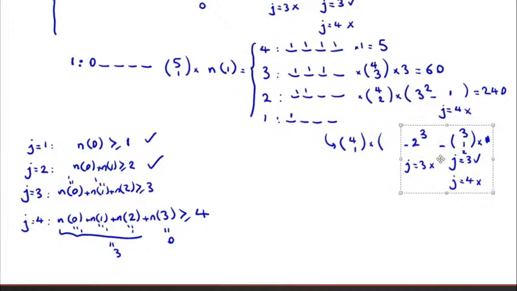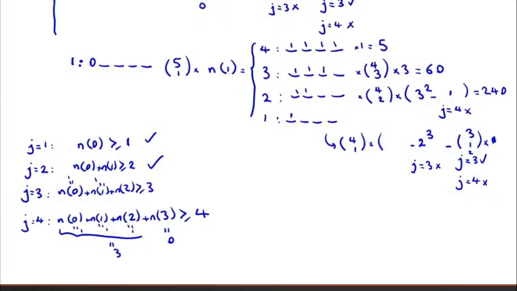So let me take them here. It will be 3 cubed minus these things. Okay, so if I calculate, it will be 5 times 4 times 27 minus 8 minus 3. 27 minus 11, which is 16. 5 times 16, 80. 4 times 80, it will be 320.